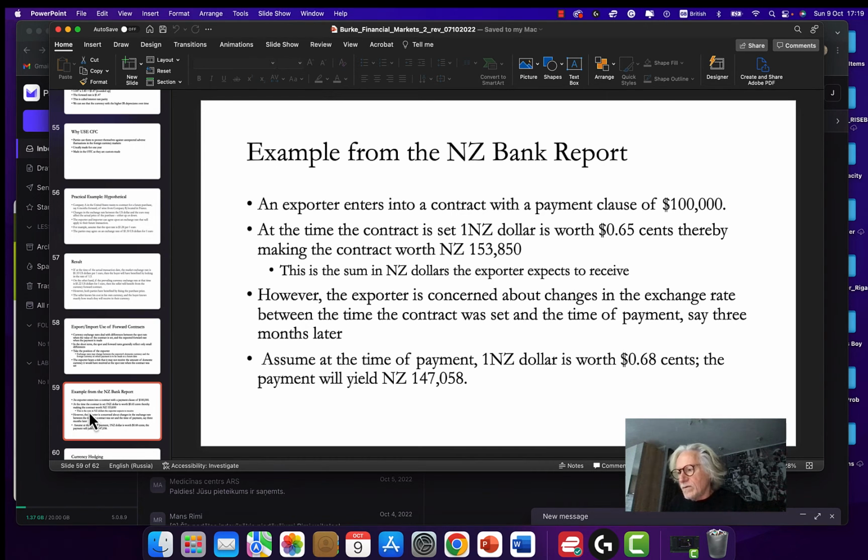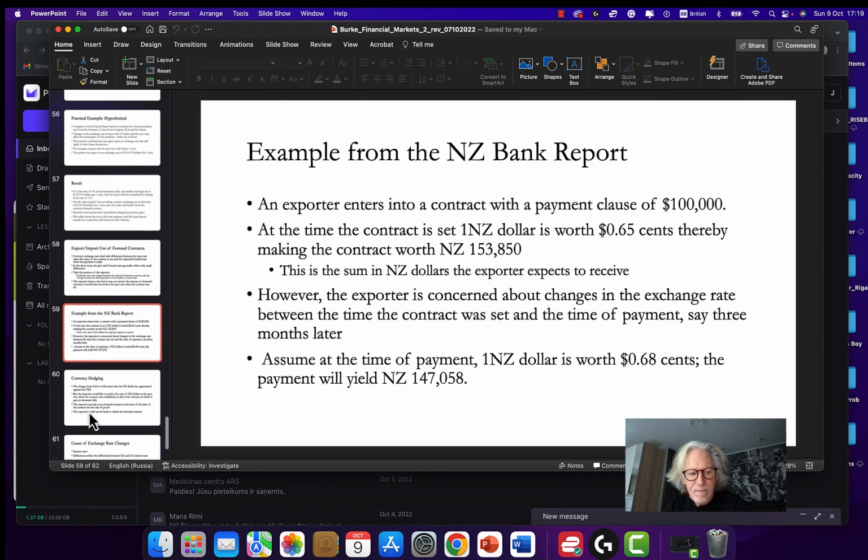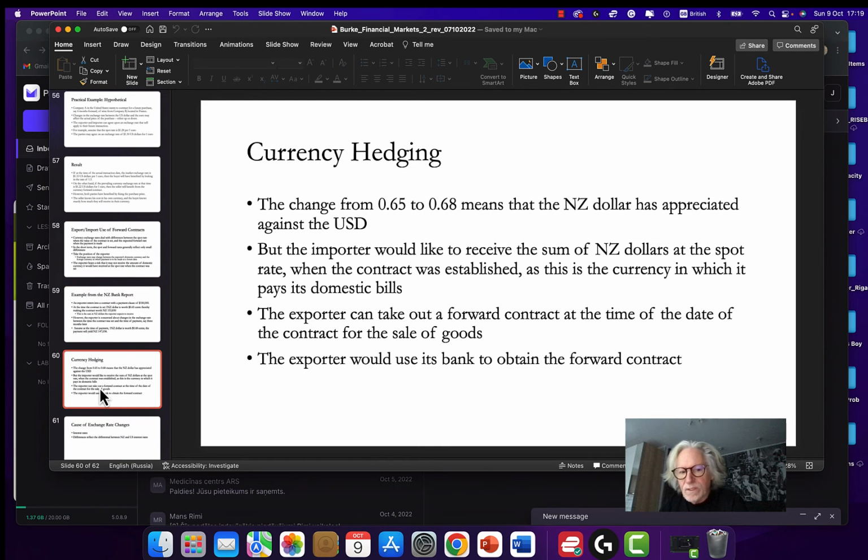So what would he get? 147,000 instead of the 153,000 that he anticipated. Why is this important to the exporter? Because the exporter has payment obligations in New Zealand dollars, not necessarily in US dollars. All right, so what can he do?